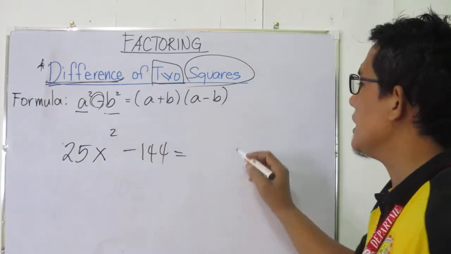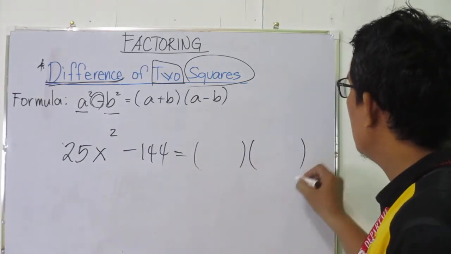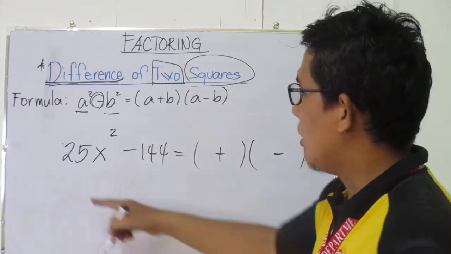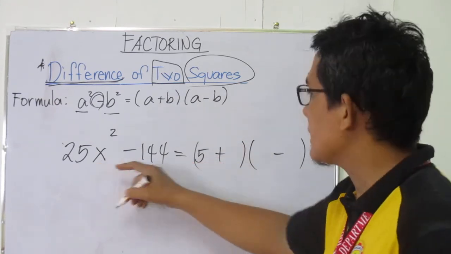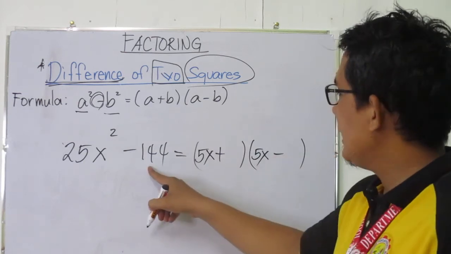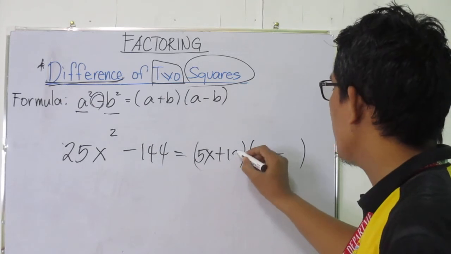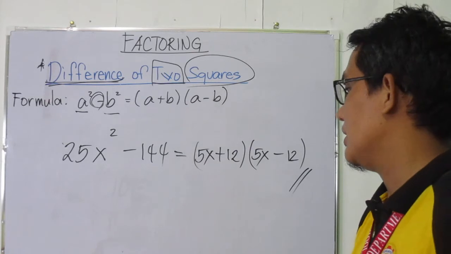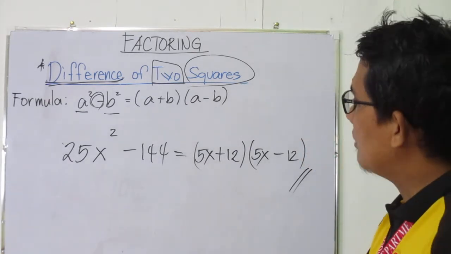Okay, so let's factor this using the product of the sum and difference. Your 25 is 5 and we have our x, so it is 5x, and for our 144 it is 12. So we have here 12 and 12, and thus that is our answer. As simple as that, it is very easy. So you can do that for yourself.